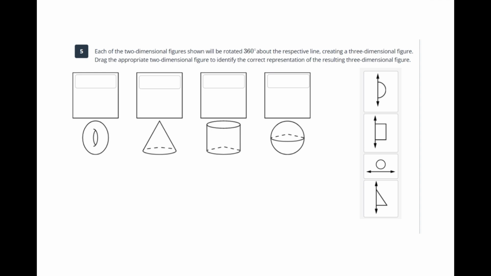So if you remember this donut one, not very many people got this correct. So it's going to be that circle, because there's this little bit of space right there that makes this space. So the circle off of the axis of rotation makes the donut.